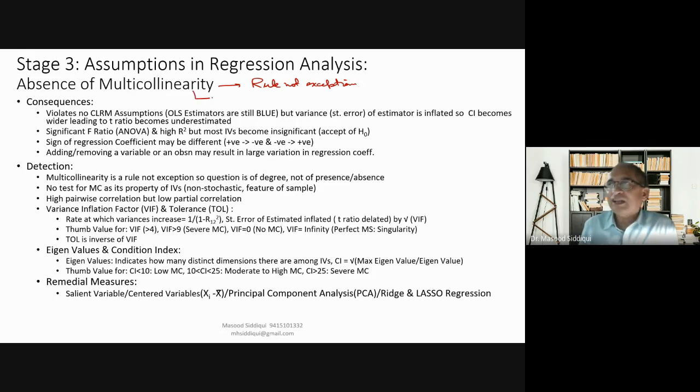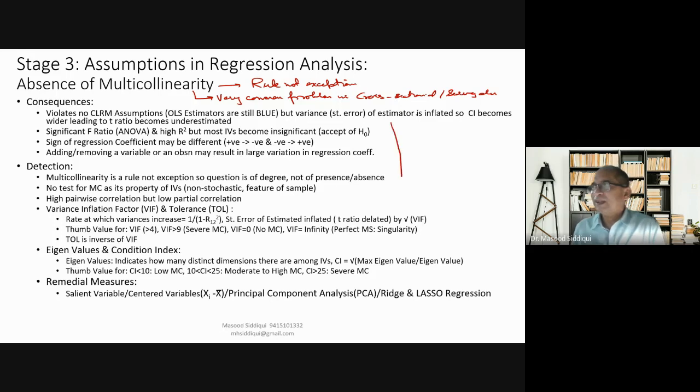And it is a very common problem in cross-sectional data, means a one-time study or survey data. Now, why does this problem occur?